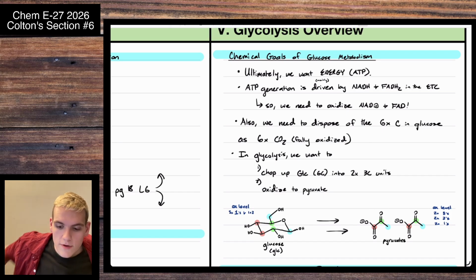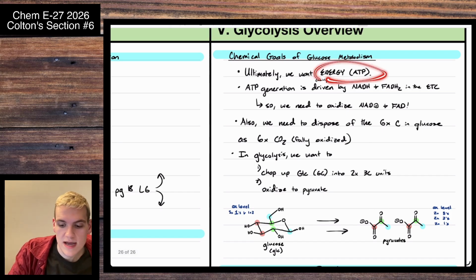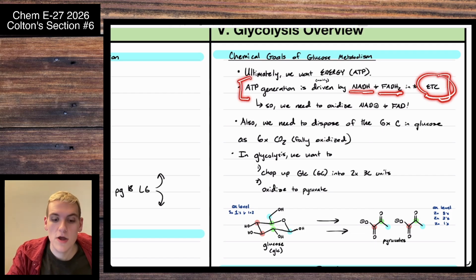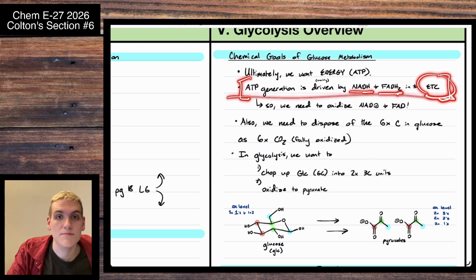So we know that ATP is generated via NADH and FADH2 and the electron transport chain. And we'll get to that later. But as a biology fact, this is where we know we are making the ATP in large quantities.